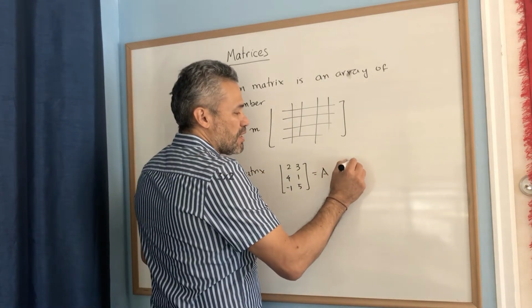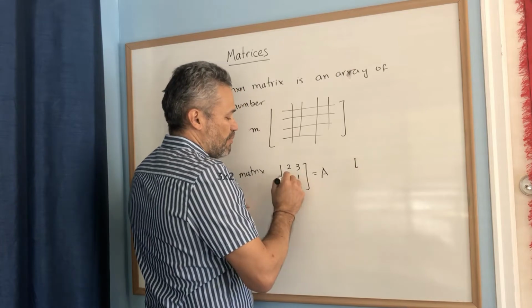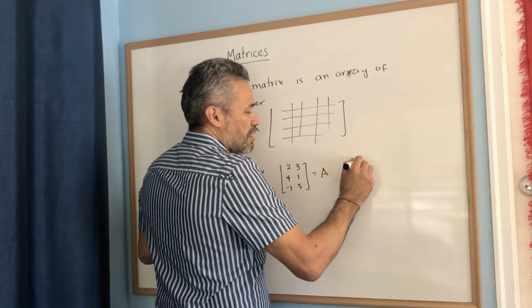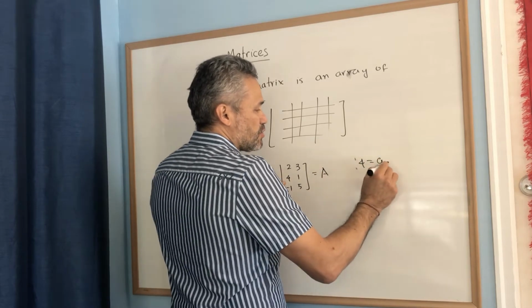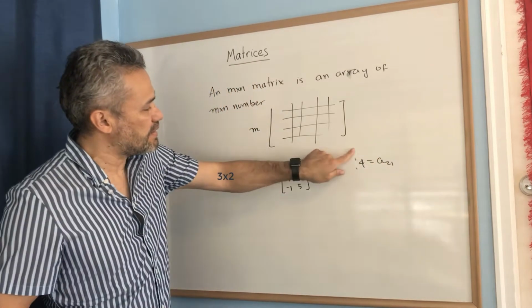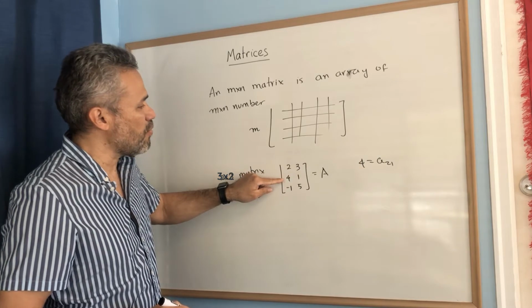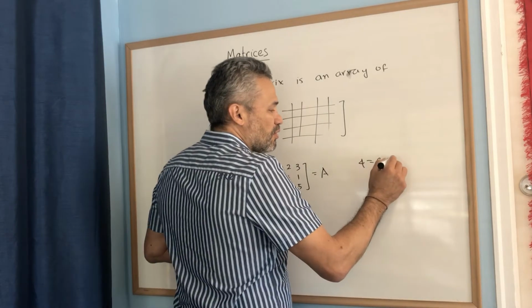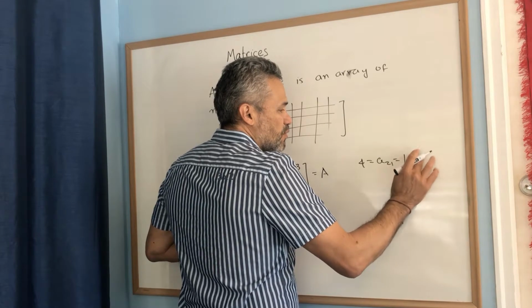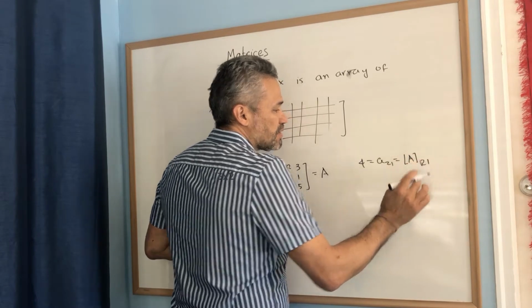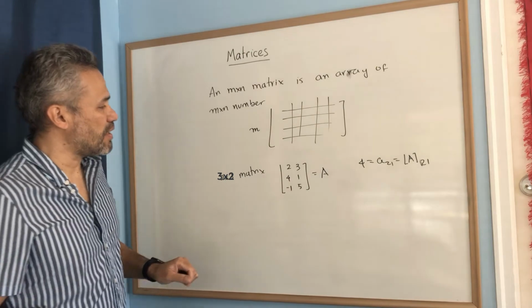For example, the number 4 here we call little a 2, 1, to indicate that this is the number in the second row and first column. We also denote it like A bracket 2, 1.